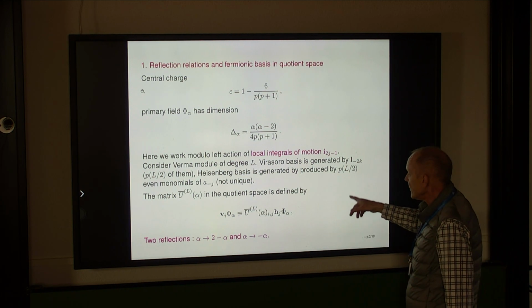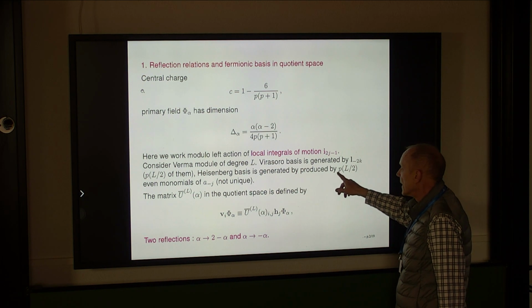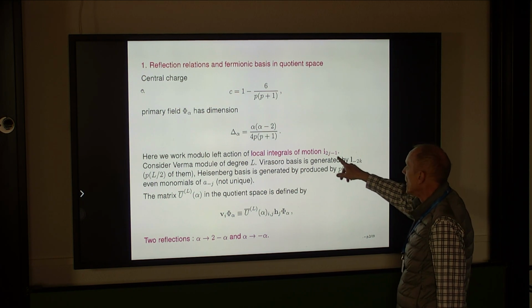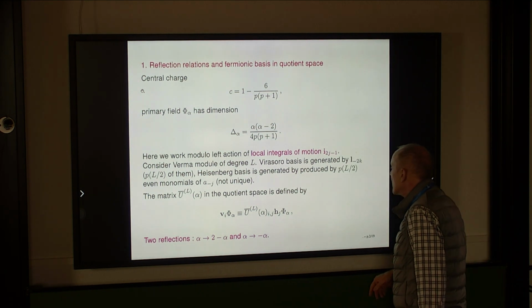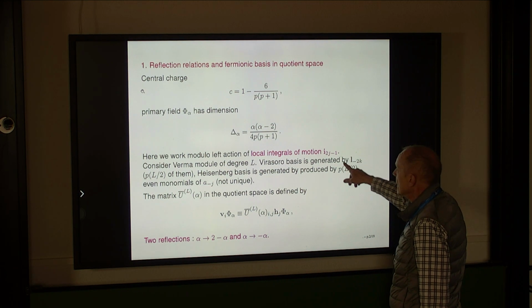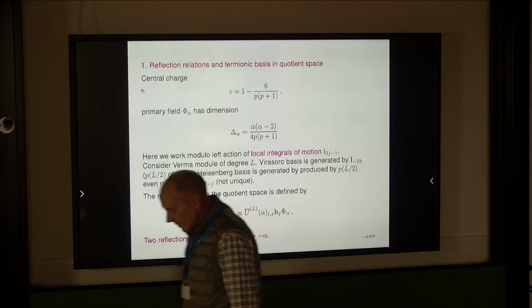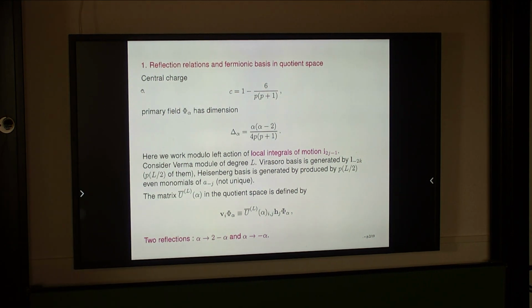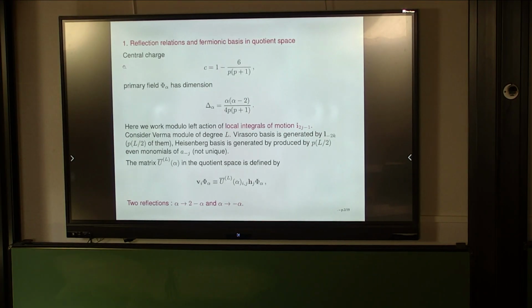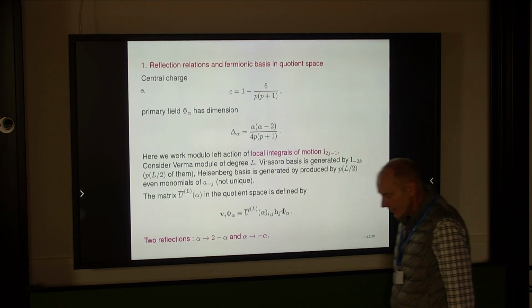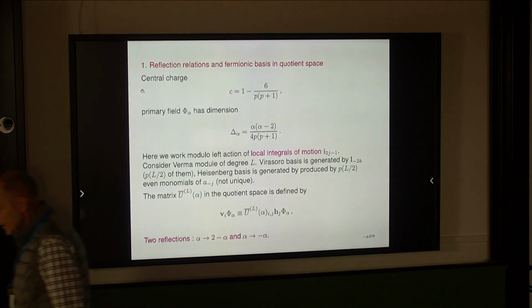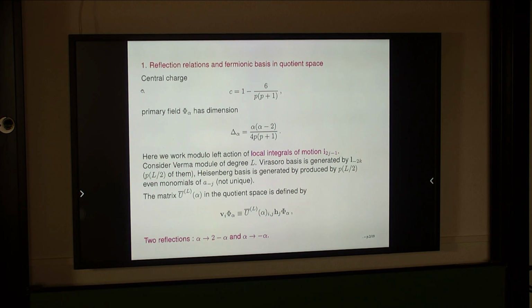Of course there is no canonical way to define the quotient space, but I will define it by the action of Virasoro generators with even indices. So there will be this number, the number of partitions of n over 2. The level for me will be even.